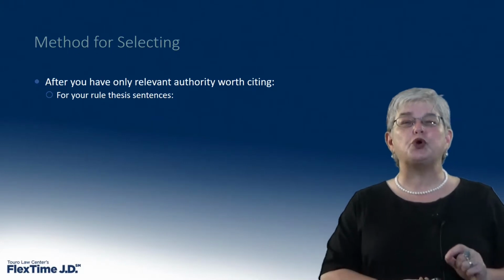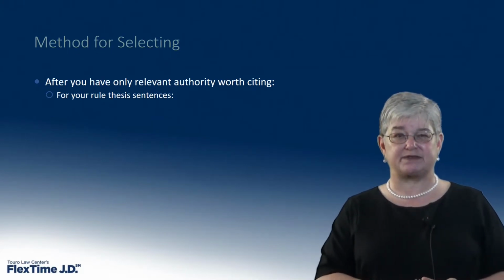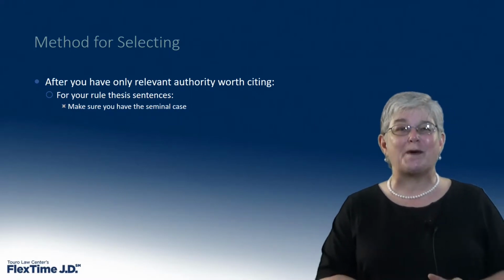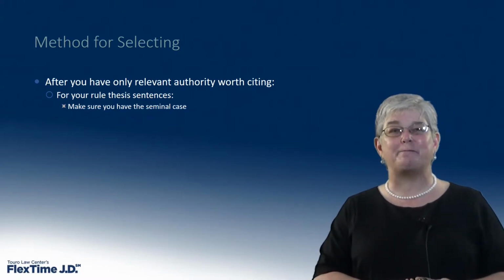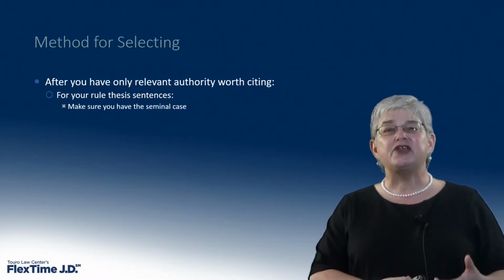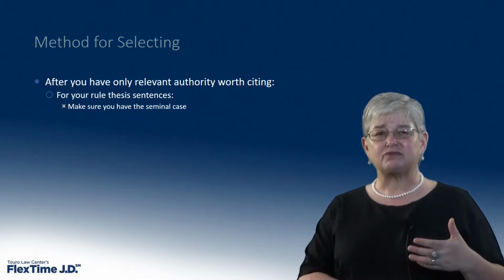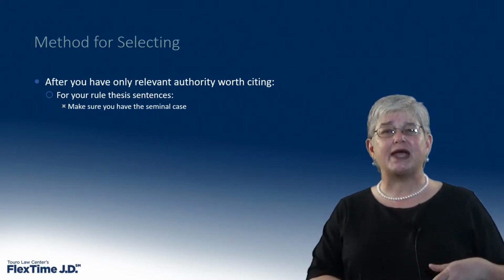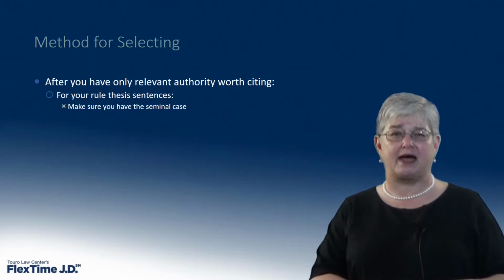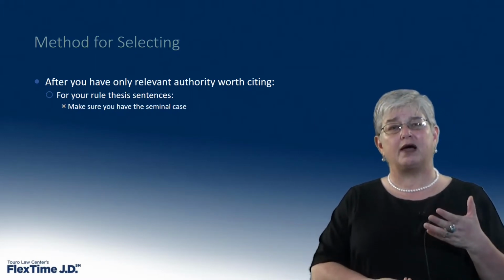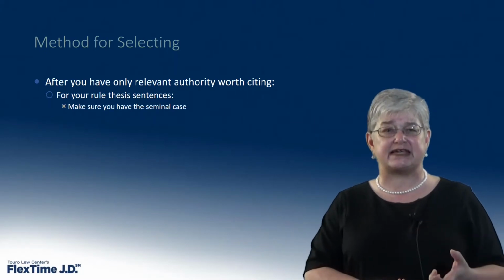So for your rule thesis sentences, ideally you want something that is binding. You need something binding for your rule thesis sentences. Then you're going to look for cases that will help you with your explanation and application. Which cases are factually similar enough that you want to use those to make comparisons and distinctions.